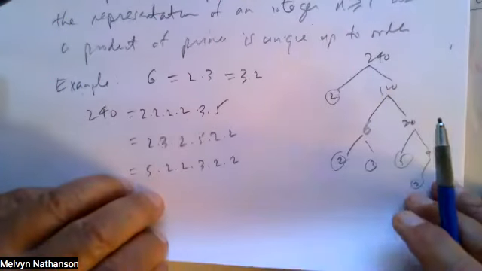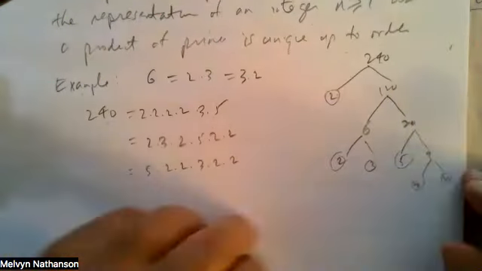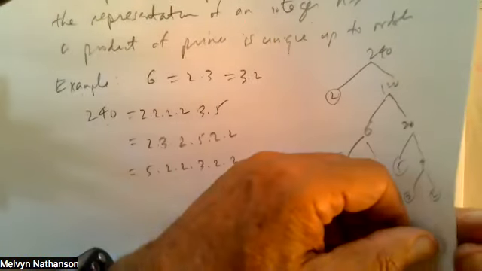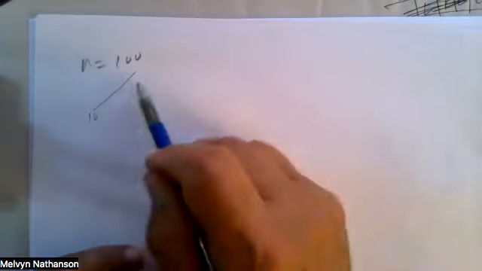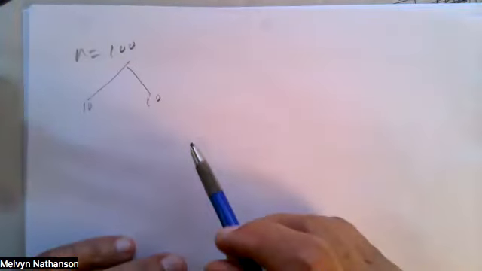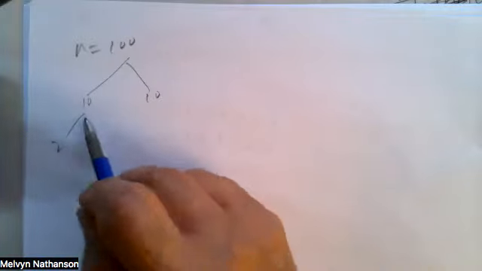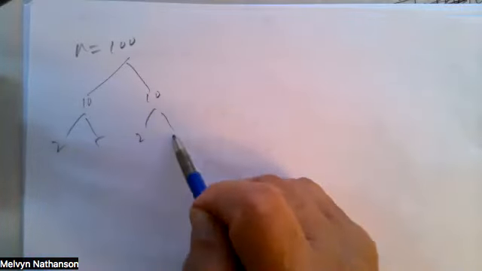There are lots of ways you can draw these trees, but you always end up with the same result. So for example, suppose I take n equal to 100. We're going to have a tree that goes like 100 is 10 times 10. But these factor, this is 2 times 5, 2 times 5. These are the primes.